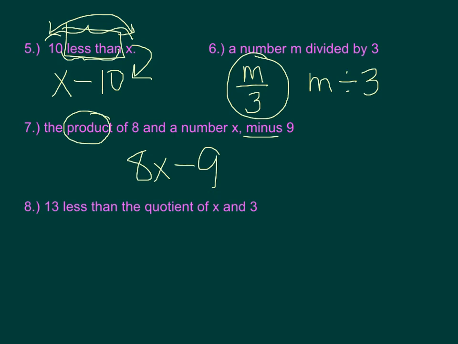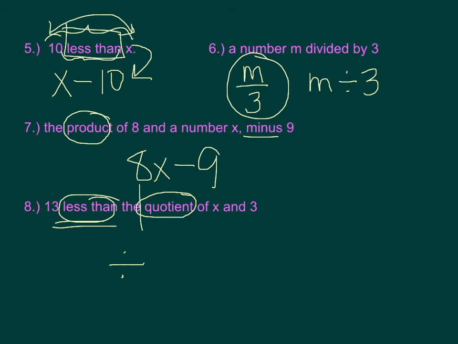All right, next one, 8. 13 less than the quotient of x and 3. All right, so quotient means to divide. Okay. All right, so 13 less than. Here's that less than again. That less than means we're going to switch. Okay. So 13 less than the quotient of x and 3.